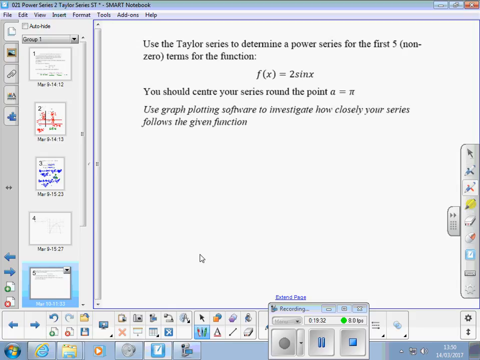Right, how are we doing with this then? Is that where you started? And the result of 2 times the sine of pi is?